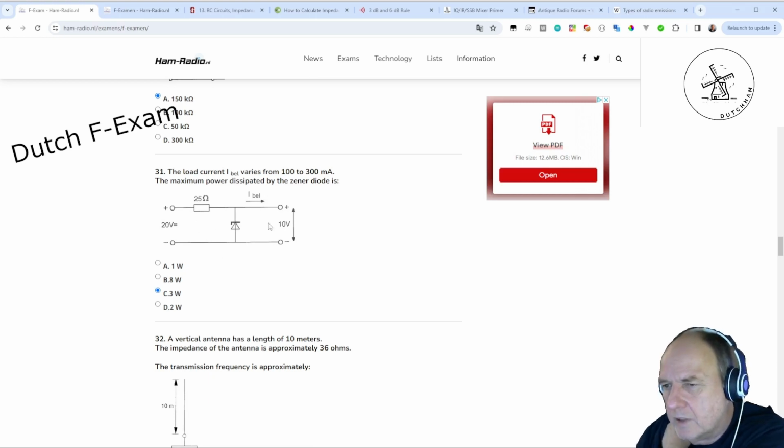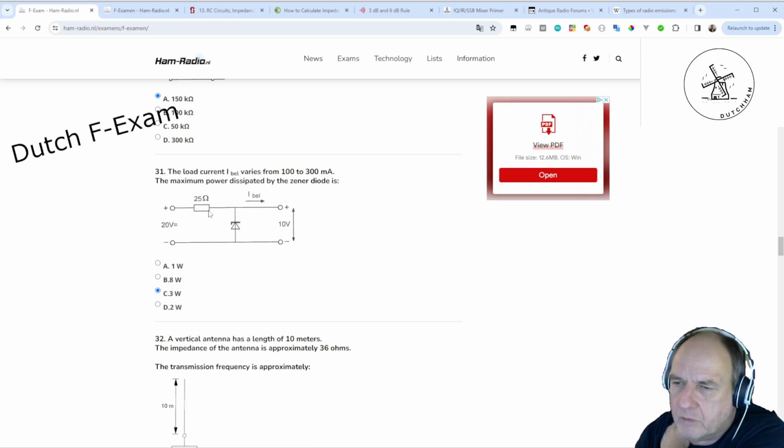Yeah, it does make sense now. So with the least current going to the load, the voltage drop over this resistor will be enough to bring the voltage down from 20 volts to 10 volts on this point.